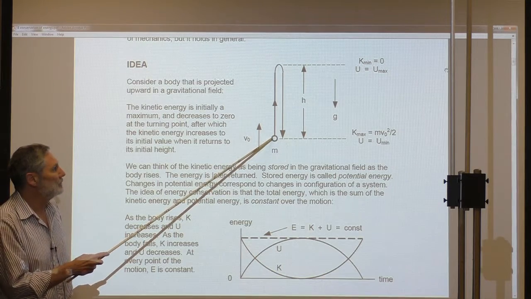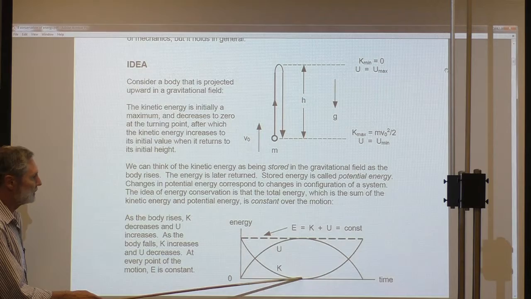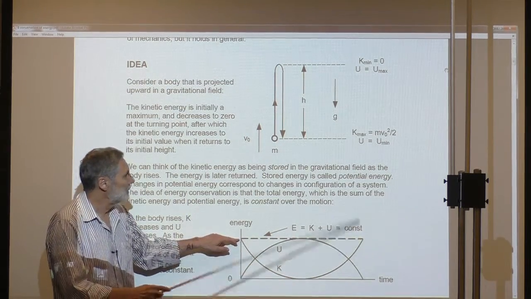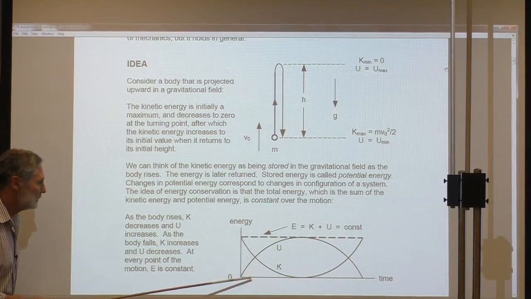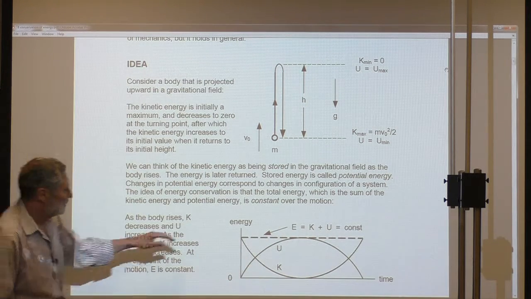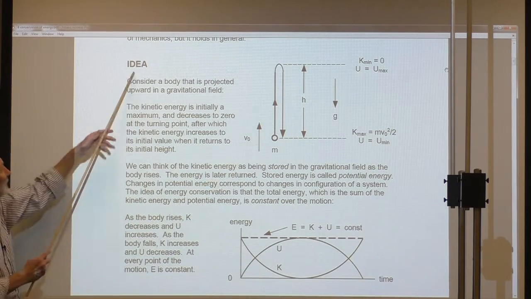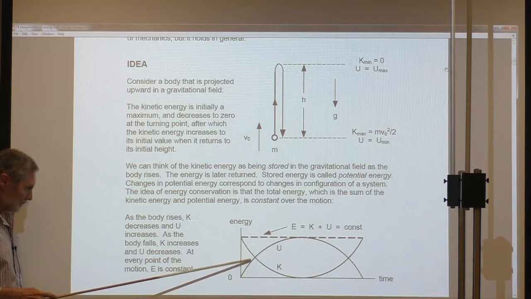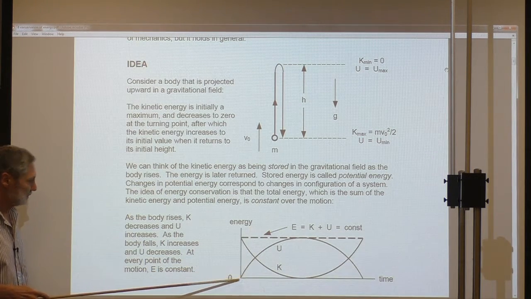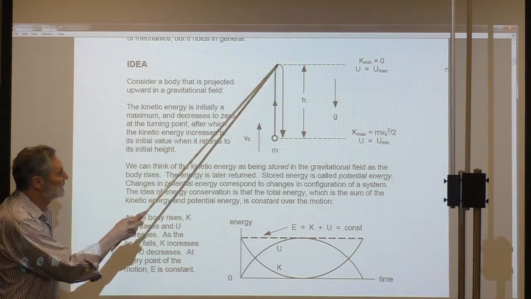So the motion here is we start off with kinetic energy, and it goes to 0 at the top, and it's maximum at the beginning and at the end. And in between, the potential energy is a minimum or 0. I'm actually going to revise this and make it a little bit more general, but don't worry about it right now. This is just an idea. The potential, or stored energy, starts off at a minimum or 0 here, and it increases, and it's a maximum when the object's at the top.